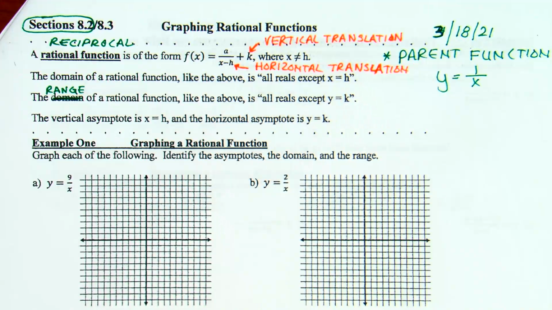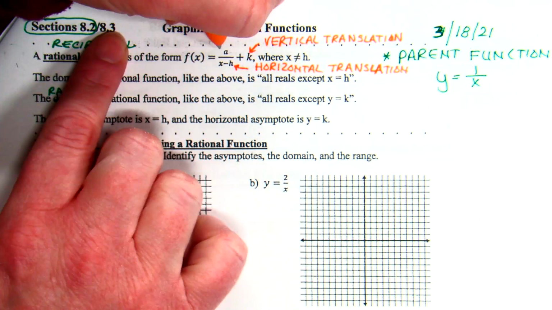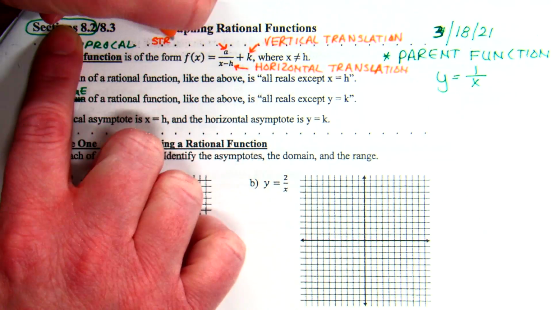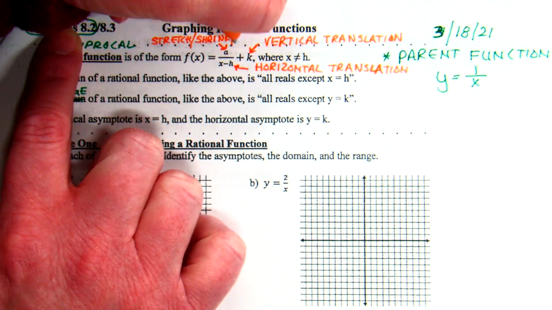What if A is negative? What's that do? It reflects it, right? So that A can tell us stretch or shrink, or stretch or compress, and reflection. It's not the one that's as obvious, right? So I'm just going to write in here stretch / shrink / reflect.